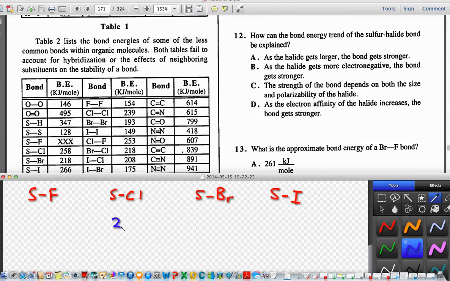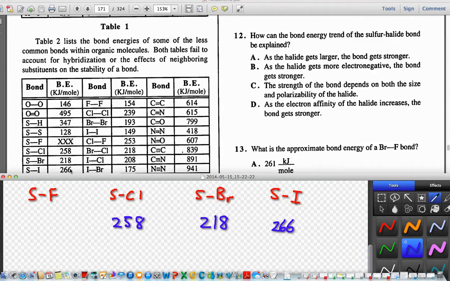SCl is 258. SBr is 218. That's going down. But then for SI, it's 266. So that's an interesting dip.